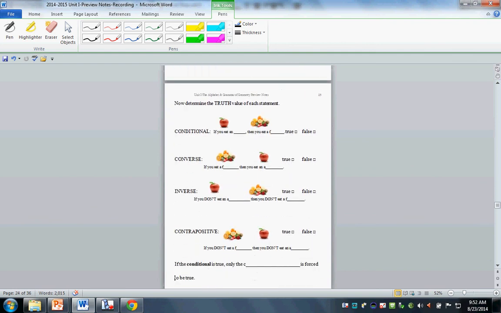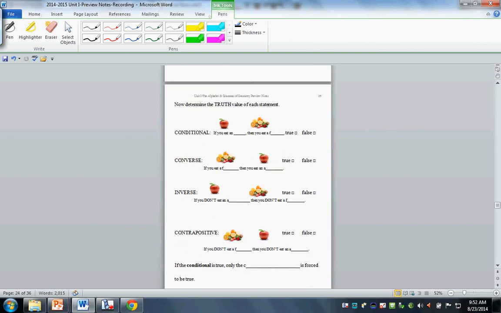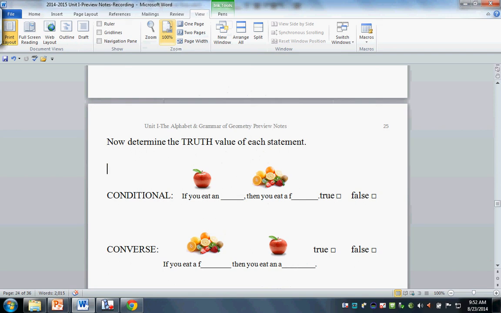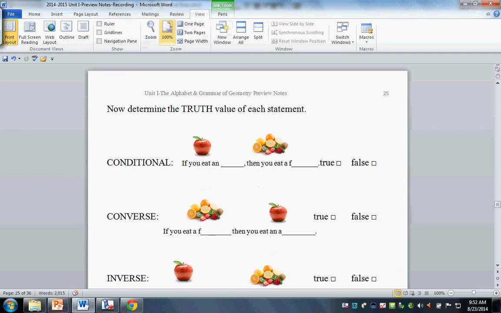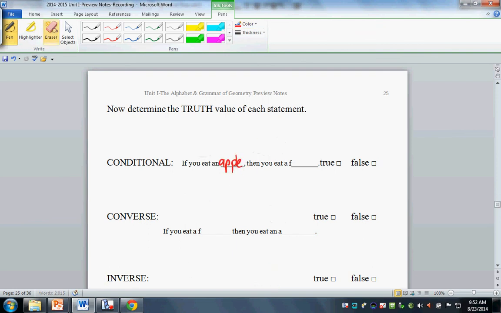Now, we're going to determine the truth value of each statement. This is kind of an interesting process. Take a look here. Truth value of each statement. So our conditional was this. If you eat an apple, then you eat a fruit.